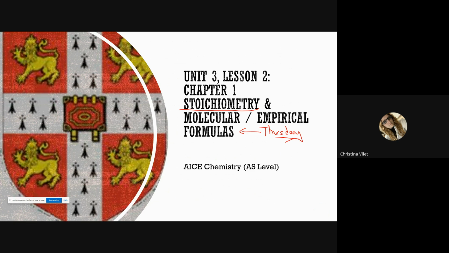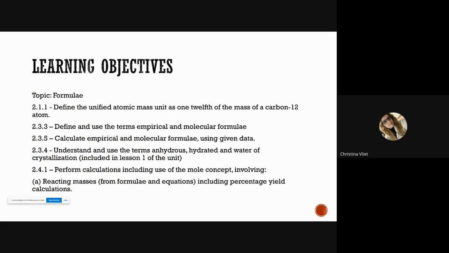A brief reminder: if you took pre-ACE Chem or honors chem, you should have spent weeks going over stoichiometry. So these are the standards. Some of these we've already done. We already did the unified atomic mass unit. We're going to do these on Thursday. We did this already last class, the anhydrous.